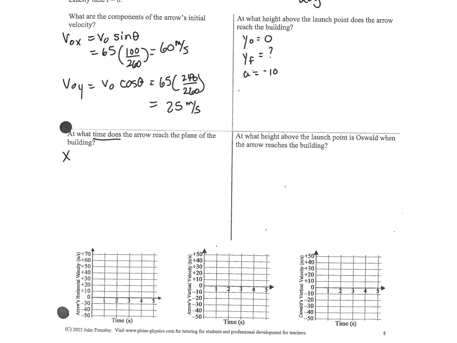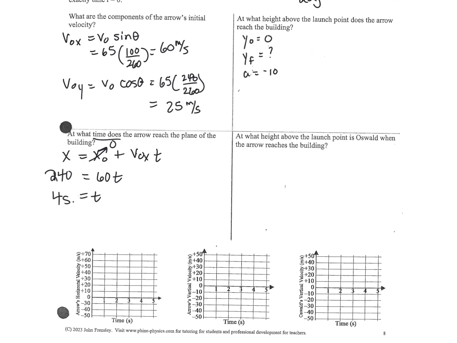So for that one, we're going to say x equals x initial plus V initial in the x direction times t. Well, that's 0. We know this is 100, isn't it? No, 240. We're in the correct direction horizontally. 240 is equal to V initial in the x direction, which is 60, times t. So t is 4 seconds.